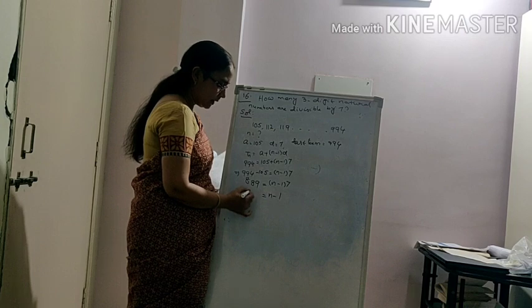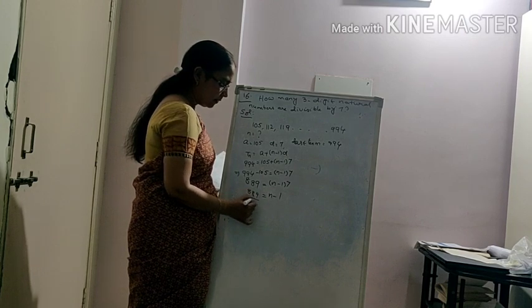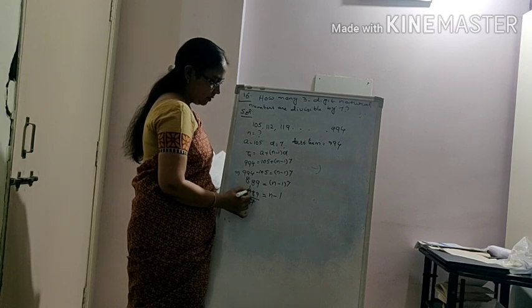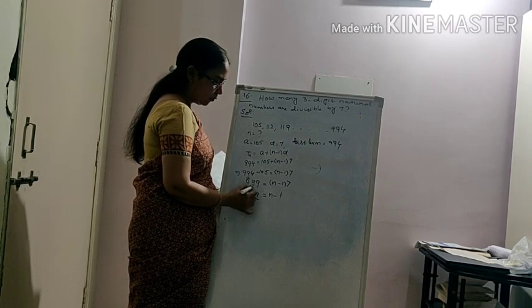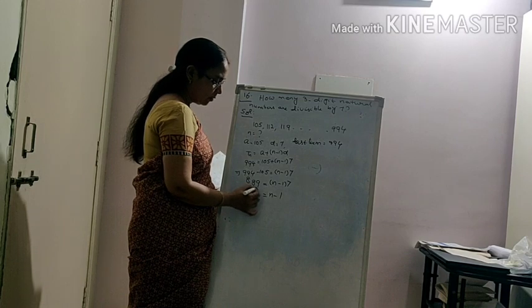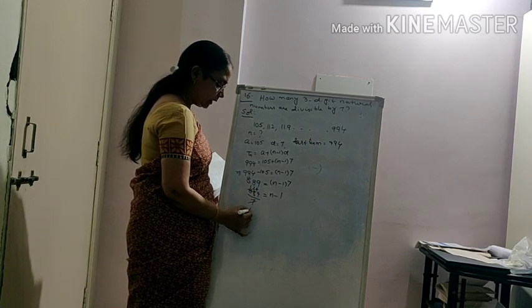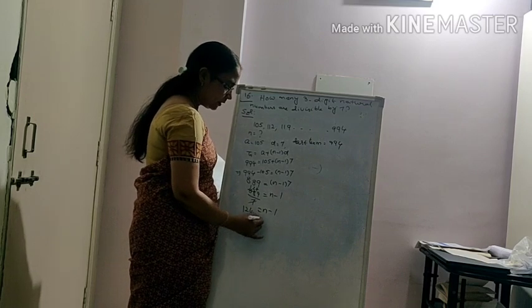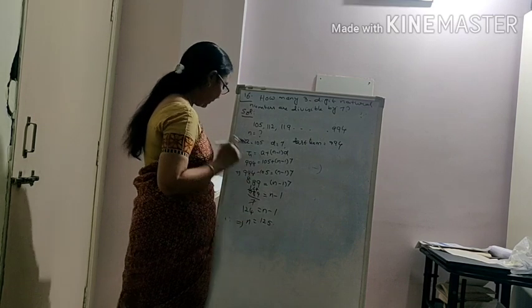So 889 divided by 7: 7 ones are 7, 8 minus 7 is 1, 19 minus 14, 7 twos are 14, 4 times. So 127 is equal to n minus 1.